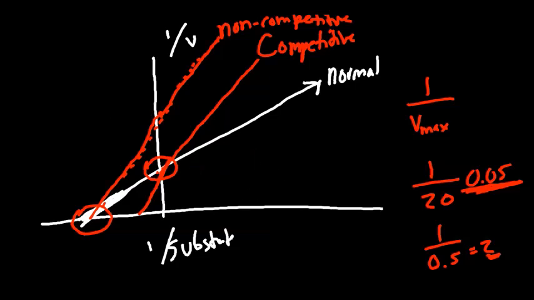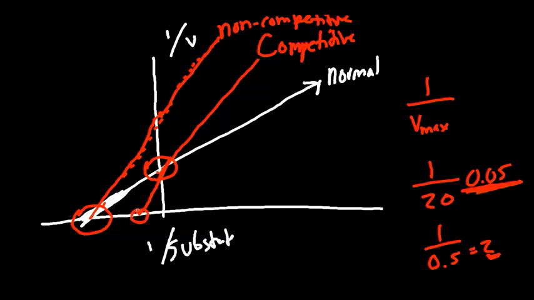Okay, so now let's talk about the Km. Now let's talk about competitive inhibitors. Competitive inhibitors have the same Vmax. However, if you take a look here, our x-intercept changed. Here's our normal x-intercept, and that's where the non-competitive inhibitor binds.